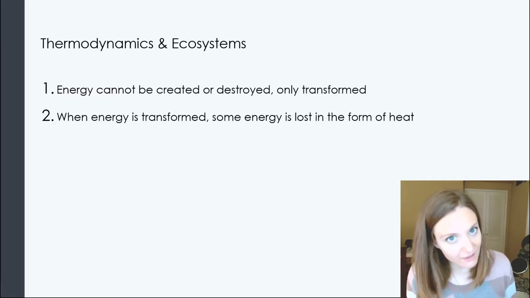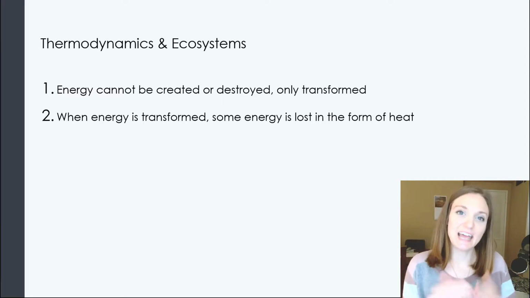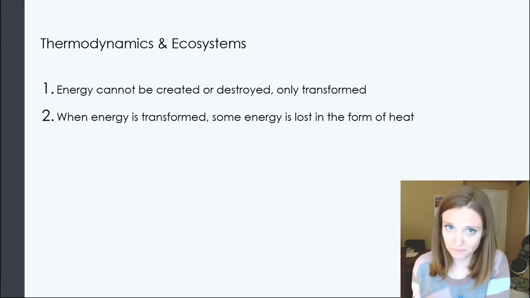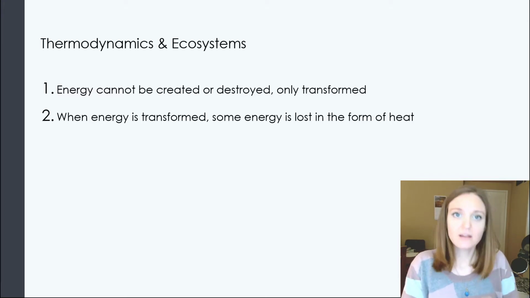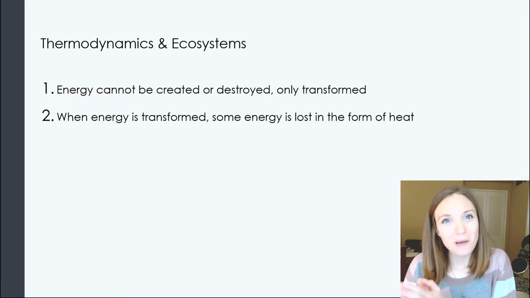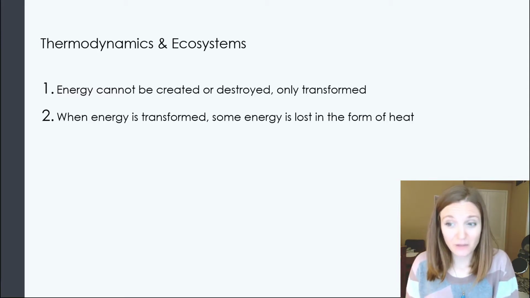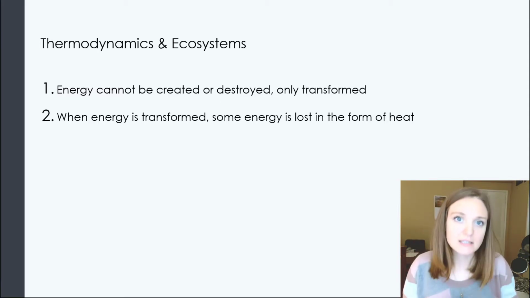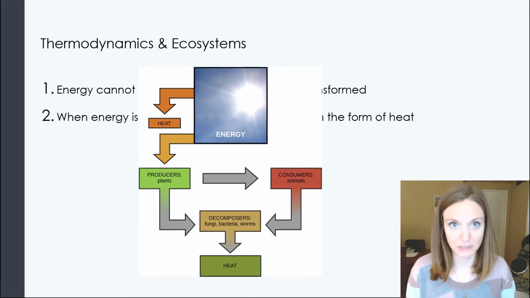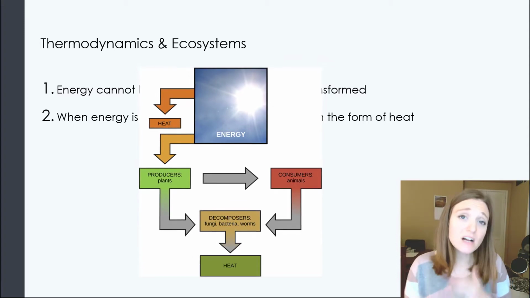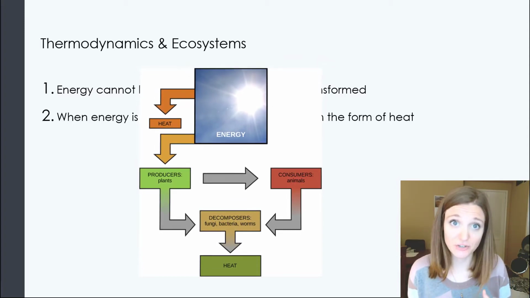The second law of thermodynamics says that every time energy changes form, so every time we convert energy from one form to another, some amount of energy will be lost or converted into heat in that process of transformation. And we talked about this when we talked about cellular respiration.